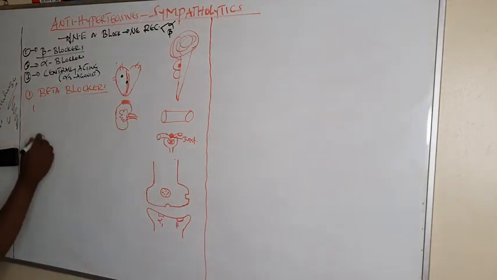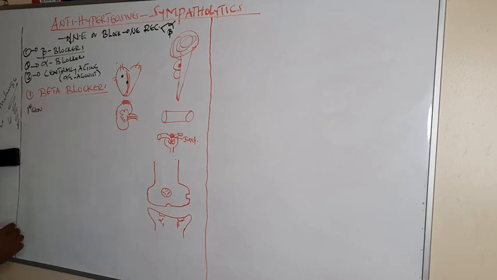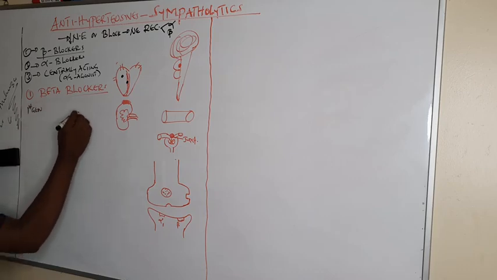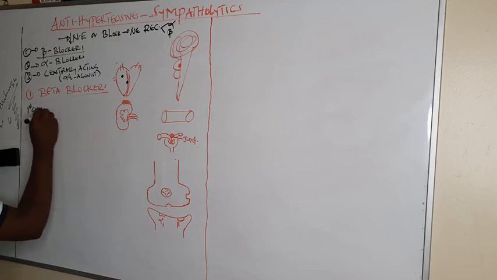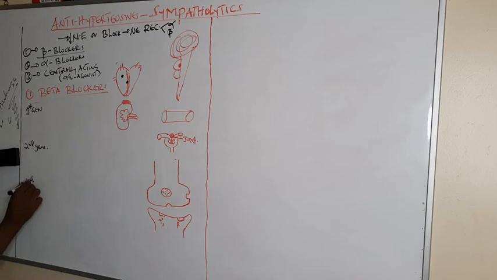So we have the first generation beta blockers, we shall look at the second generation, and we shall look at the third generation beta blockers. The first generation ones are non-selective.